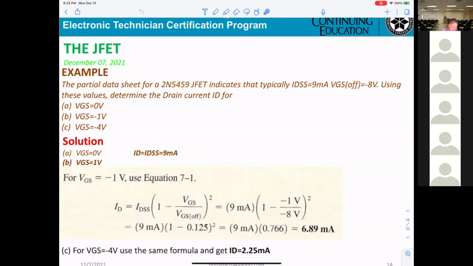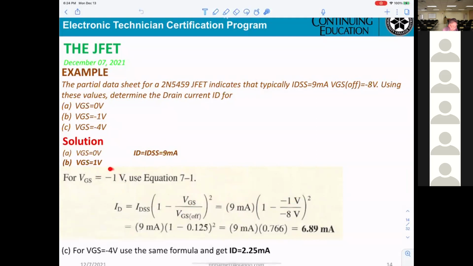Now if VGS equals 1 volt, supposed to be minus 1 volt. We see VGS equals minus 1 volt, using the equation I just told you: ID equals IDSS times 1 minus VGS over VGS off, squared. So IDSS is 9 milliamp, VGS equals minus 1 volt.